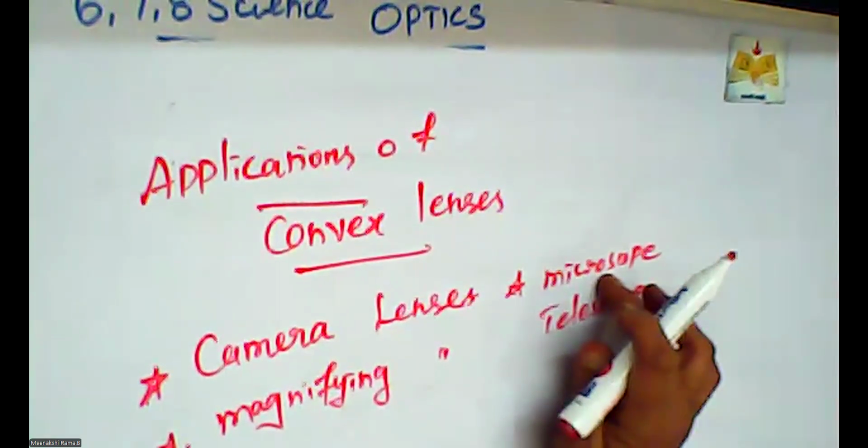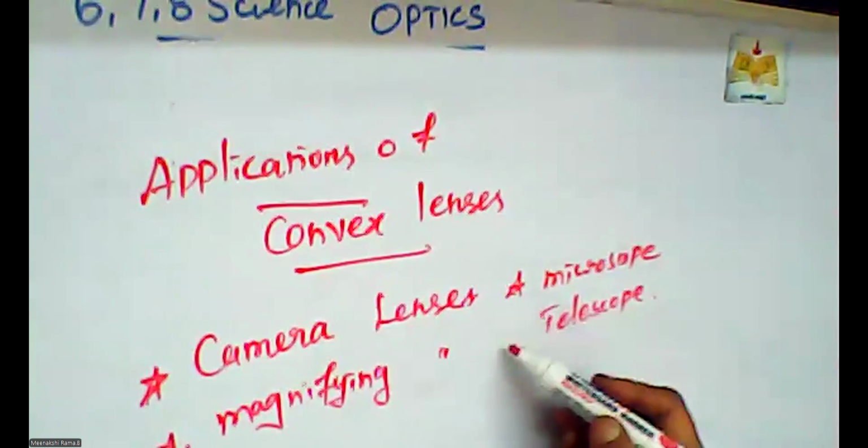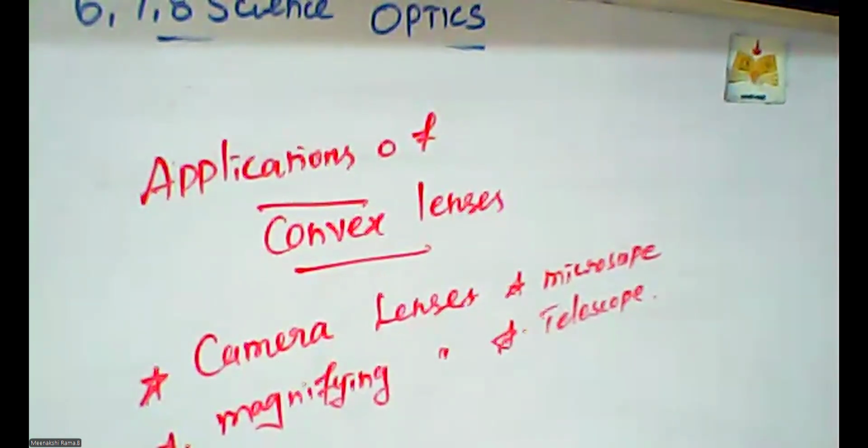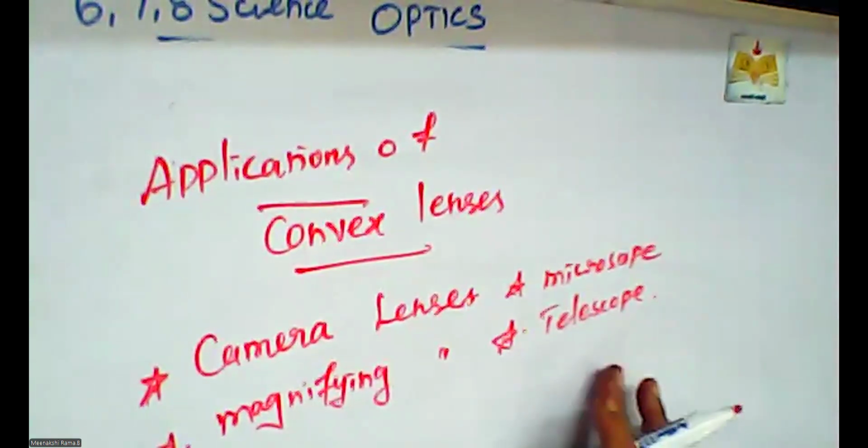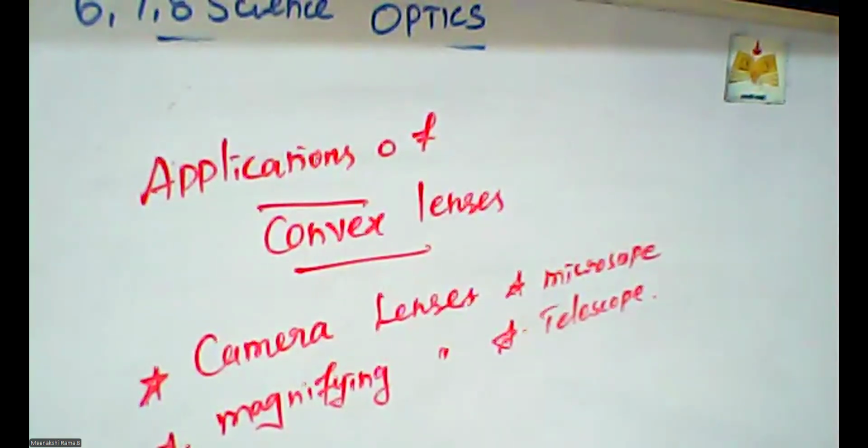A telescope gives a clear picture of a far-off area. In a hill station, we use the telescope. It is very helpful to see a clear view of the area.